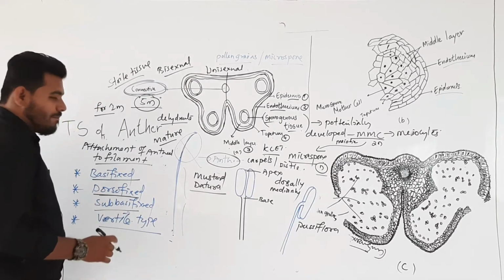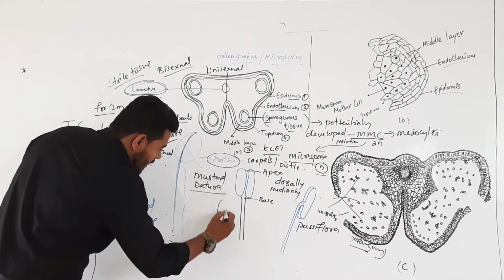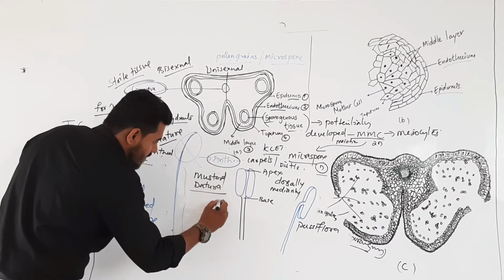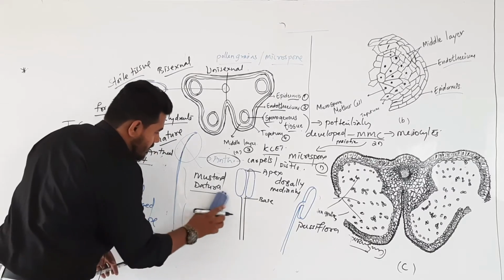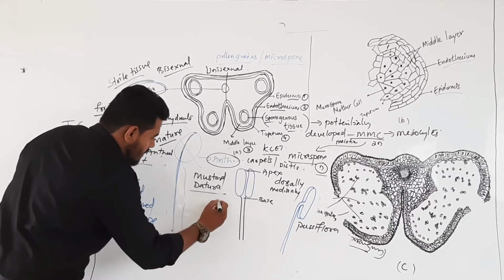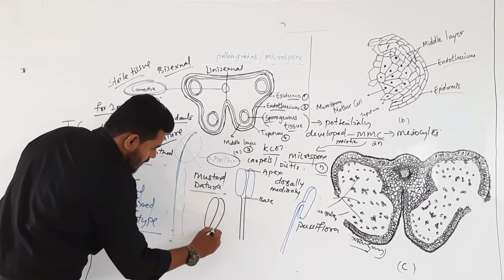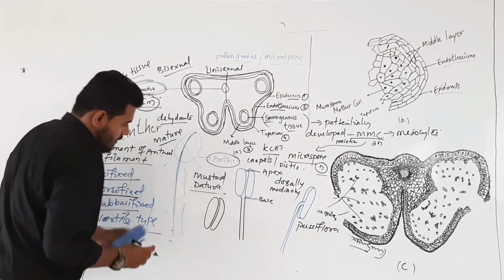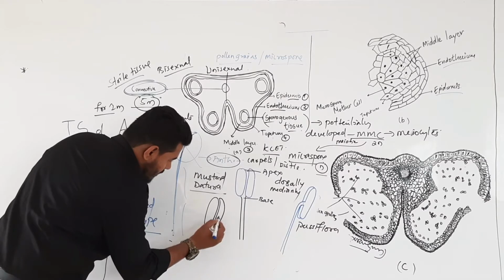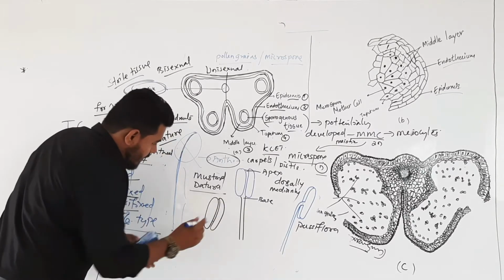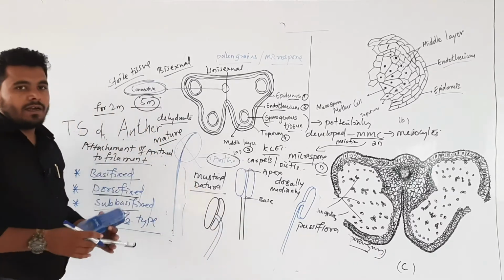Next is subbasifixed. It just looks like this, but in these anthers, this is one lobe, this is another lobe. Near the base, this filament is attached.